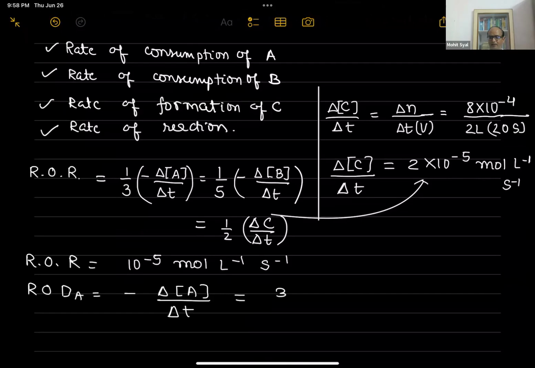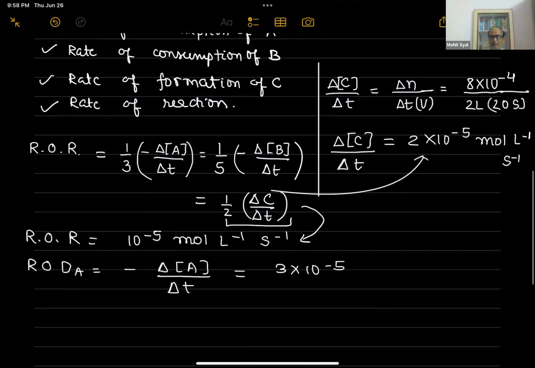And the rate of disappearance of B is minus delta B by delta t. Jovita, is it clear?